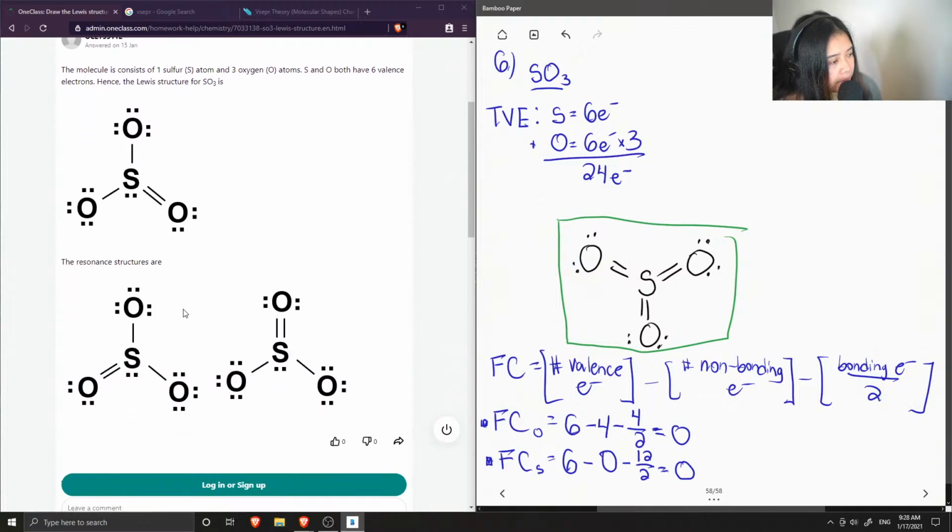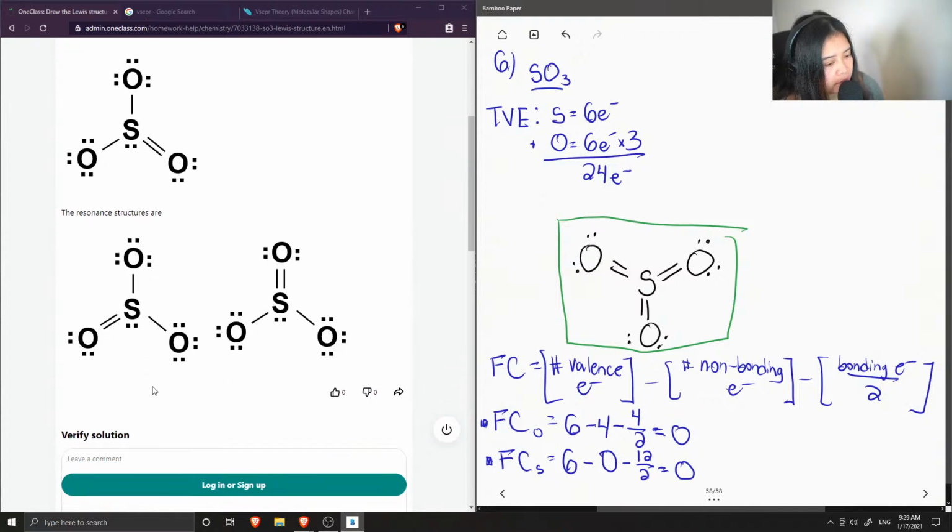And also, these oxygens will have a negative charge. Yeah, so these 2 oxygens that are single bonded will have a negative charge. And if we calculated it for the sulfur, it would be 0.